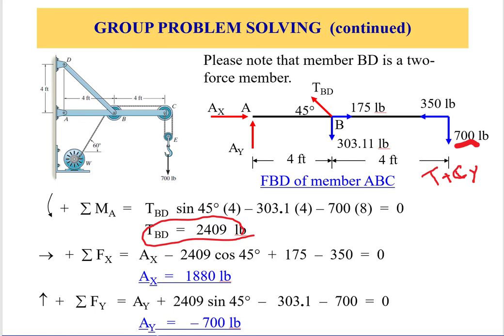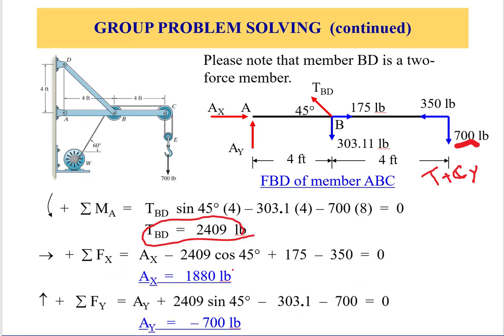Now it's up to you if you want to apply the moment about B to calculate AY, but the easiest way could also be applying the summation of forces in X for the entire frame equal to 0, and you have only one unknown: AX plus 175 minus 350 is going to equal 0.